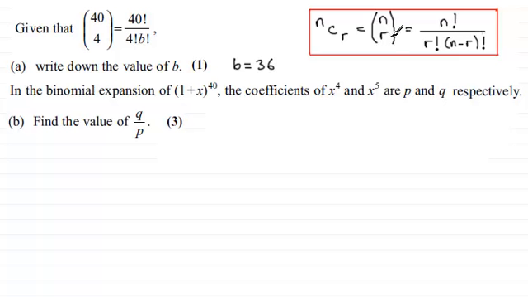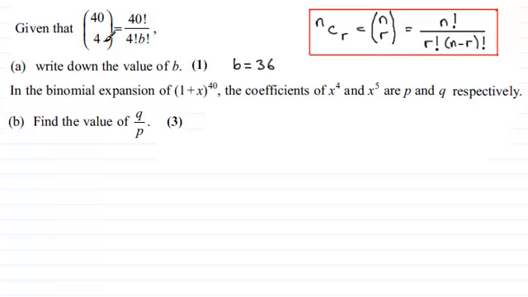What it means in this context is that it's equal to n factorial divided by r factorial times n minus r factorial. So when I look at what we've got here, 40C4 or 40 over 4 is going to equal 40 factorial for n, divided by r factorial, that's the 4 factorial there, and then it should be n minus r factorial.